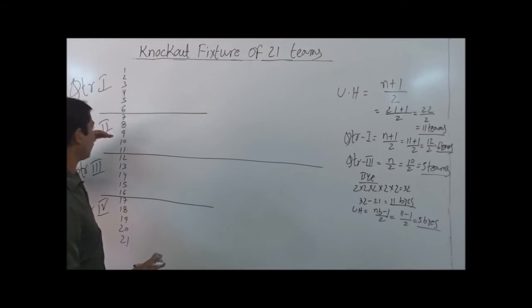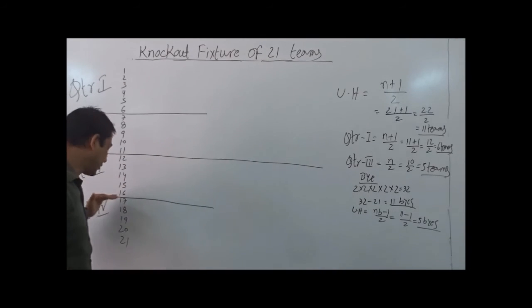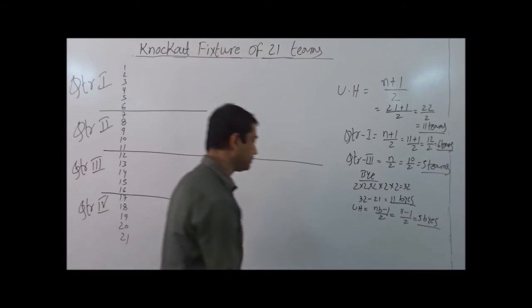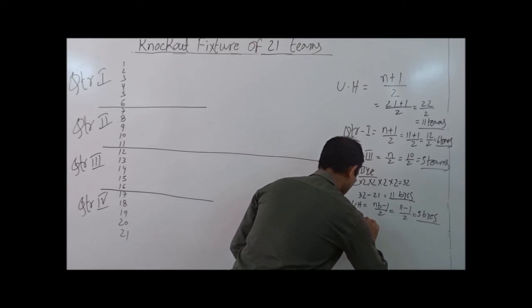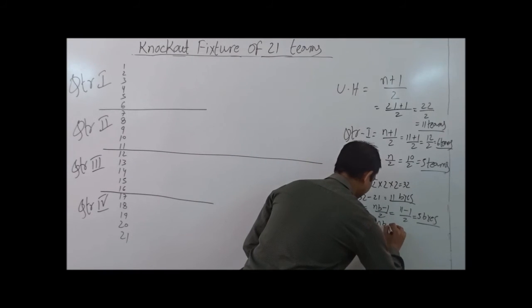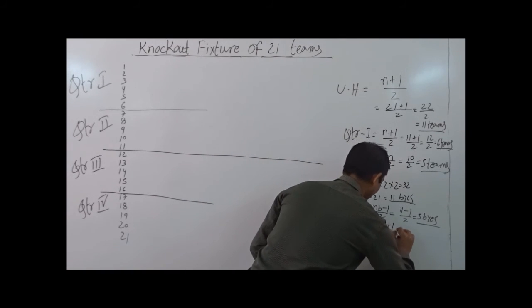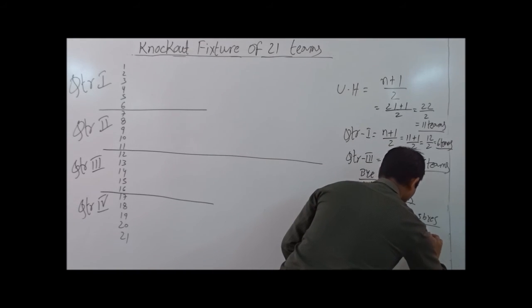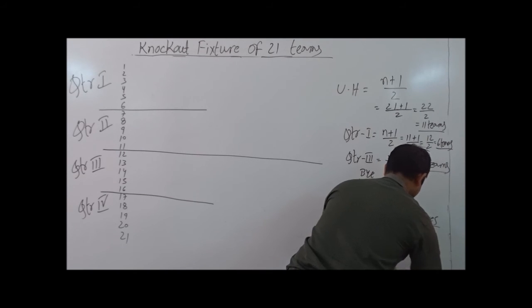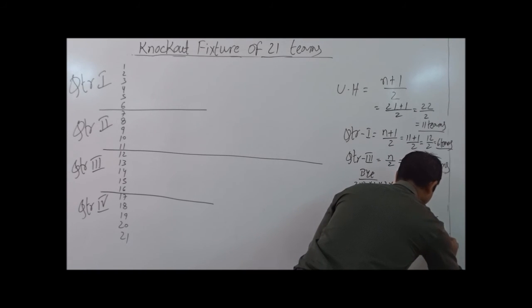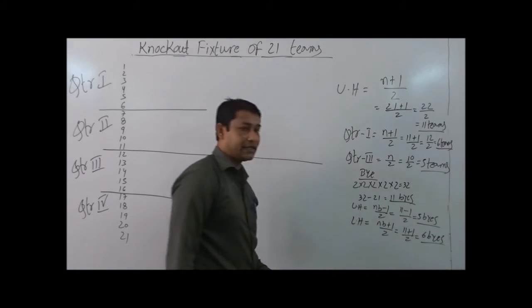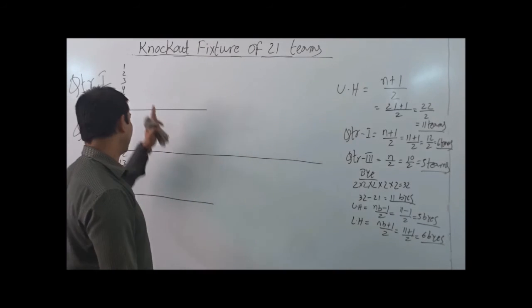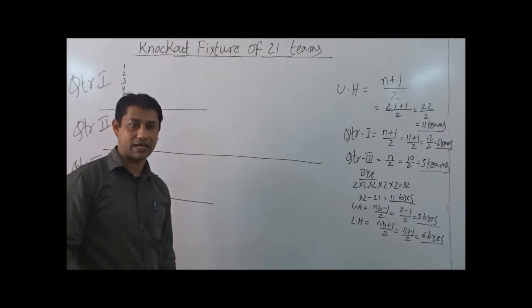My quarter 1 and quarter 2 is upper half and quarter 3 and quarter 4 is lower half. Lower half will be NB plus 1 upon 2. That means 11 plus 1 upon 2, which means 6 byes. So altogether 5 byes are to be given in upper half and 6 byes in lower half.